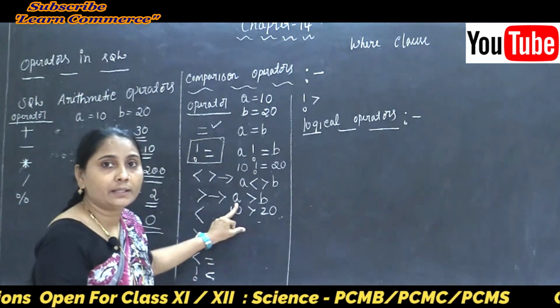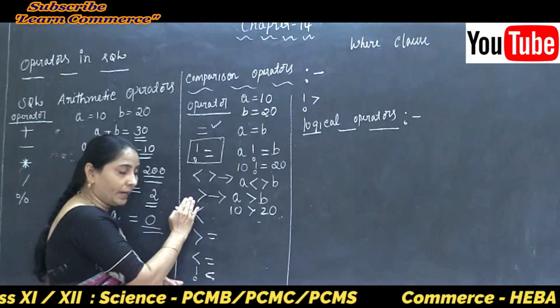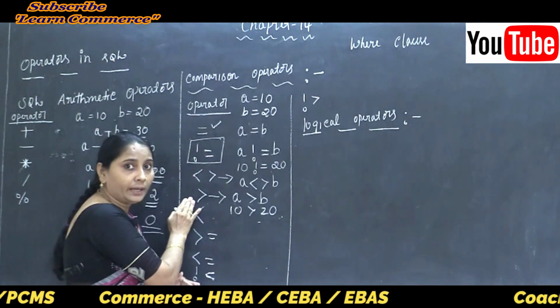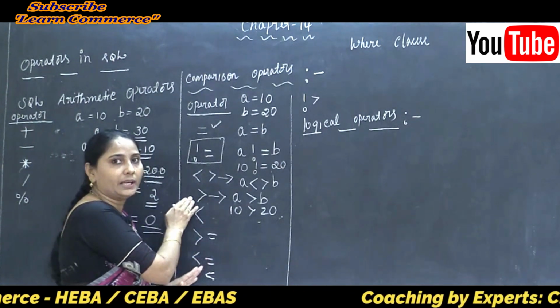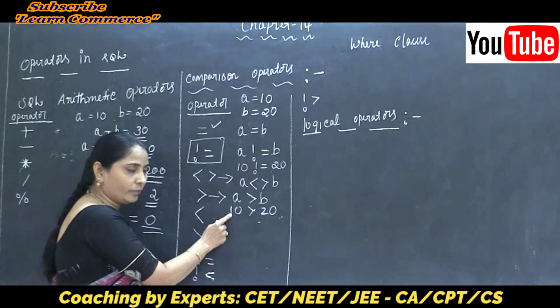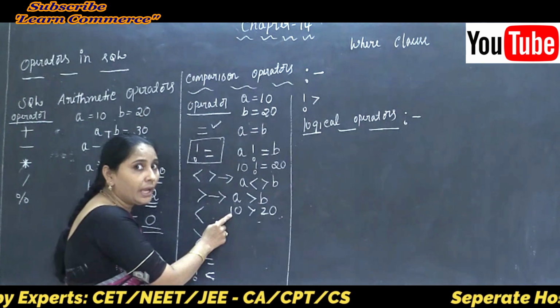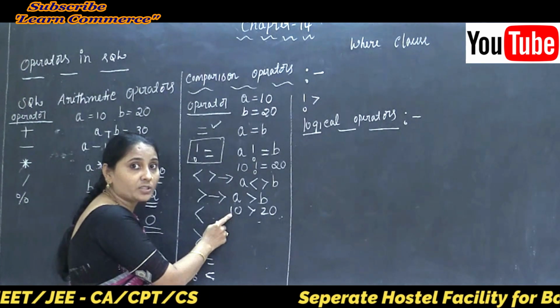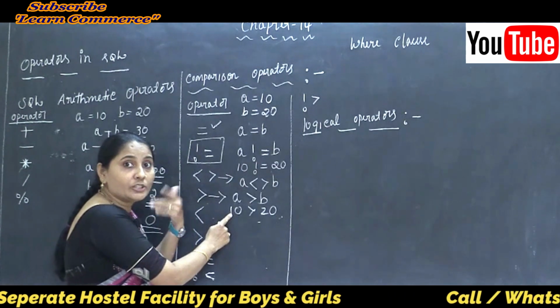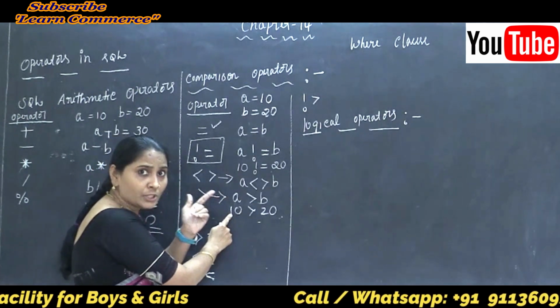If yes, then only the condition becomes true. But in this case, whether 10 is greater than 20? No, the condition is false. The condition is not true. The 10 value is less when compared with 20 here.